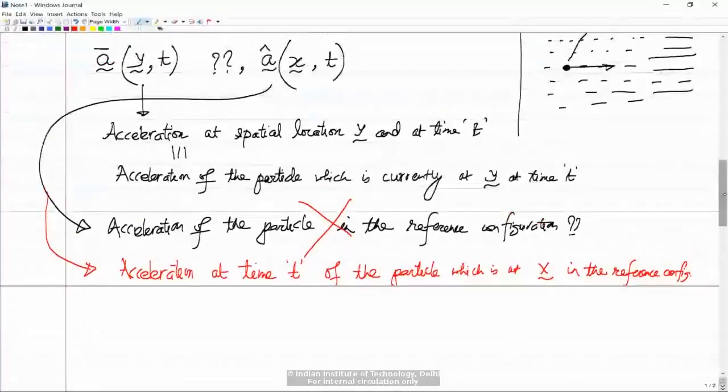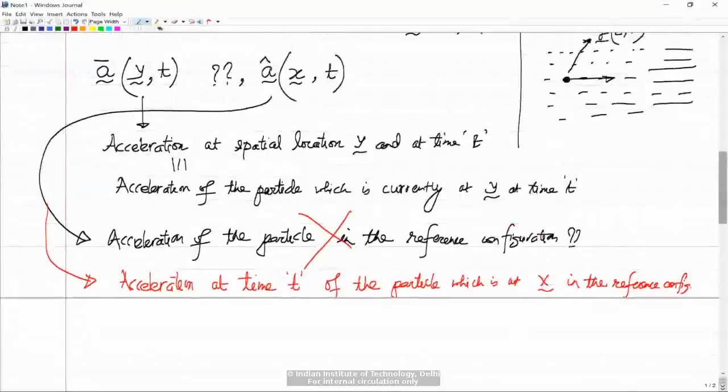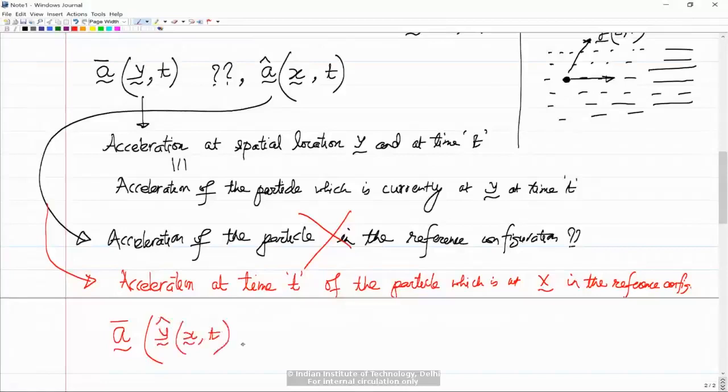So with these physical meanings of the two acceleration functions, it is quite clear that a, for example, in place of y, you could also write the deformation map function relating the reference position directly to the current position, y hat of x comma t, and then another t.